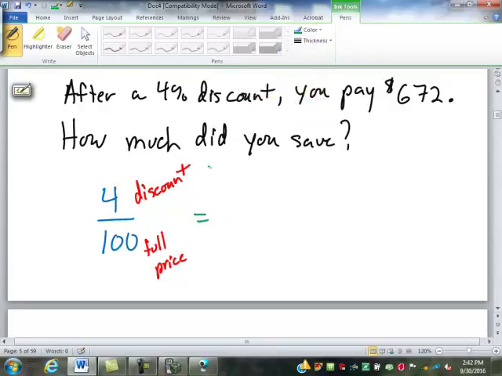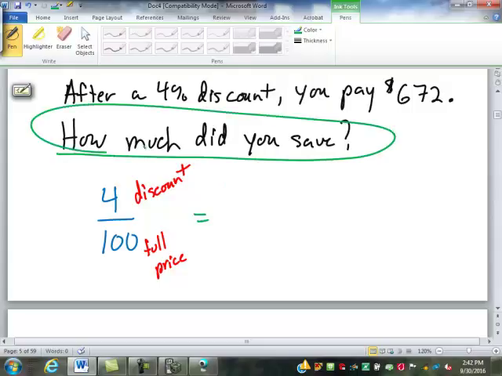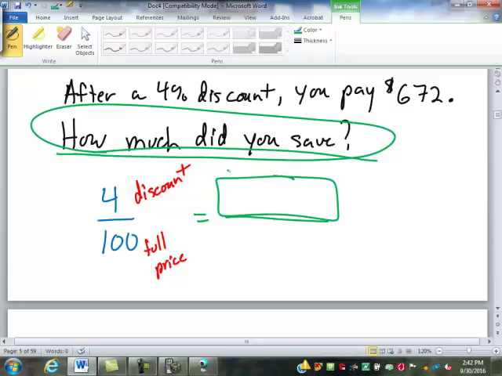Now we look at this problem, we're asked, how much did you save? What is that? Is that the discount or the full price or something else? Well, how much you saved would be the dollar amount of the discount, right? So that's this amount right here. The amount of the discount is what we're looking for.